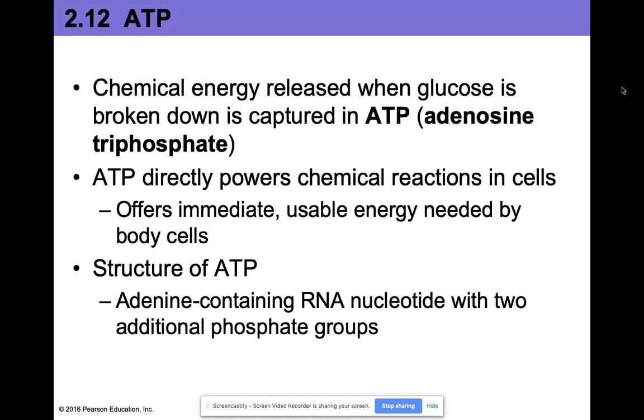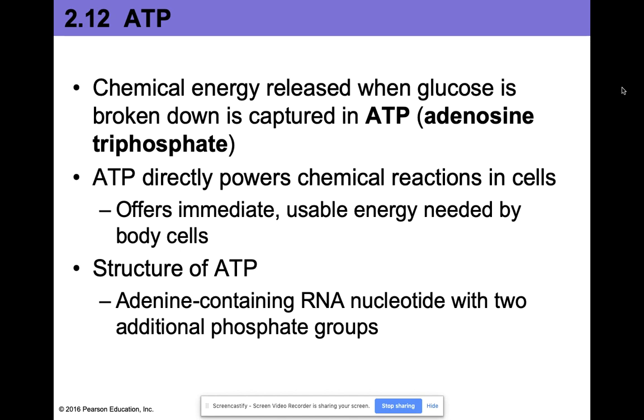Okay, lastly, we're going to talk about ATP. So ATP is under the umbrella category of nucleic acids, whereas nucleic acids typically store your genetic information. ATP, adenosine triphosphate, is actually our energy source. So ATP directly powers chemical reactions in our cells. It offers immediate and usable energy that's needed by our body cells, and it functions because you can actually remove the phosphate tail.